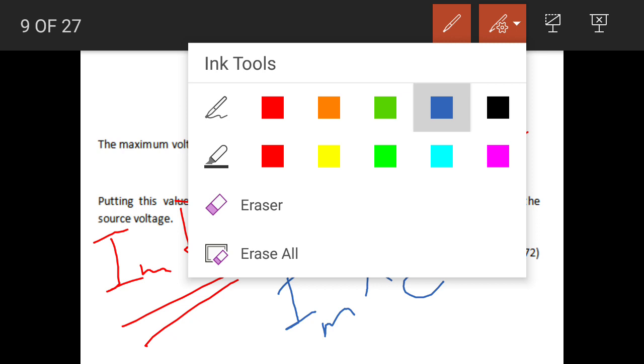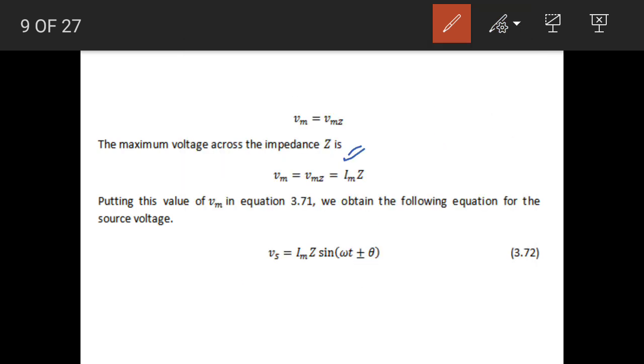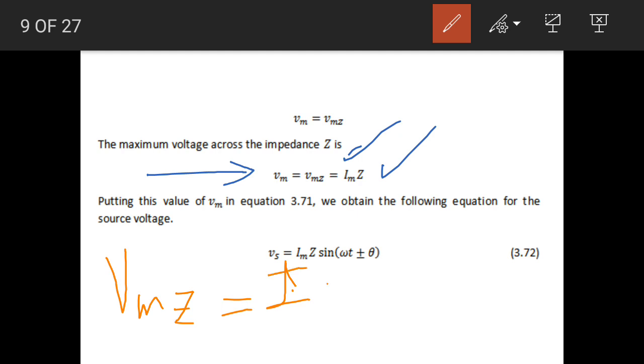Similarly, if we know the maximum value of the current in this single passive circuit element and the resistance of this single passive circuit element, we can find out the maximum voltage across the source or the maximum voltage across this single passive circuit element. So the maximum voltage across this single passive circuit element will be equal to the maximum value of the current in this single passive circuit element multiplied by the resistance of this single passive circuit element.